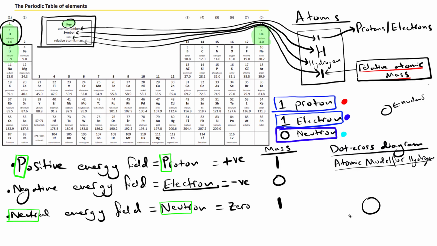This nucleus is where the proton and the neutron are located. So in the nucleus, we have the 1 proton. Now the hydrogen atom does not have any neutrons, so I'm not going to draw the neutrons. So this is the nucleus. It is the center of the atom.